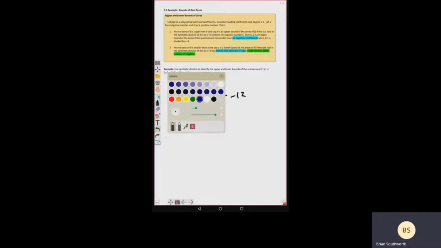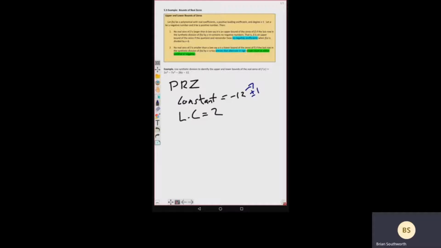And then we will consider all the factors of both. So for minus 12 it is plus or minus 1, plus or minus 2, plus or minus 3, plus or minus 4, plus or minus 6, and finally plus or minus 12. And for 2, we get plus or minus 1, plus or minus 2.